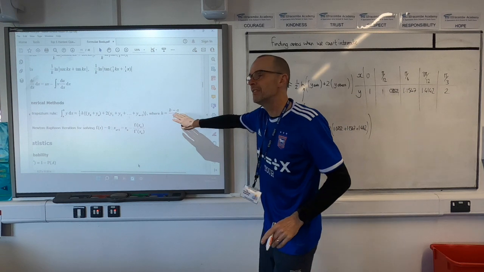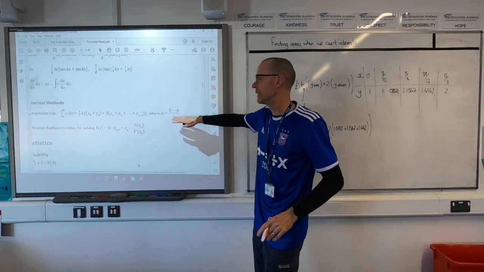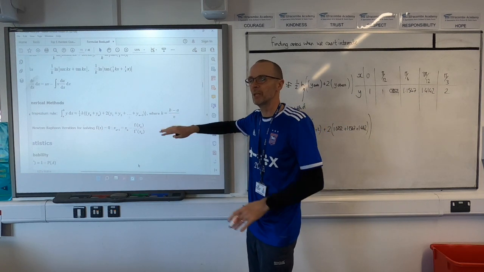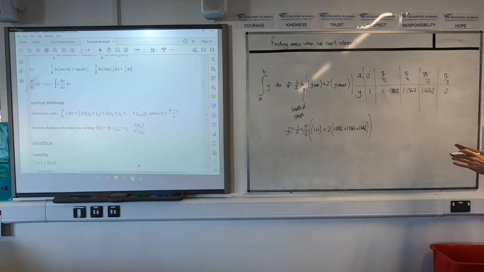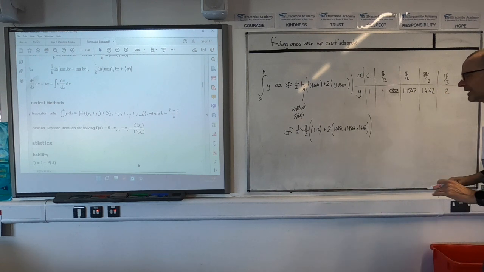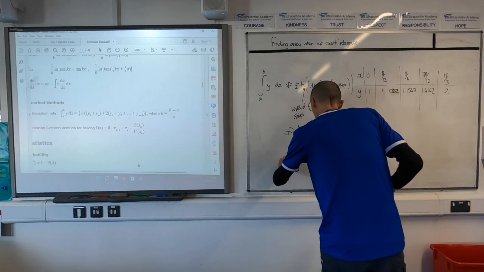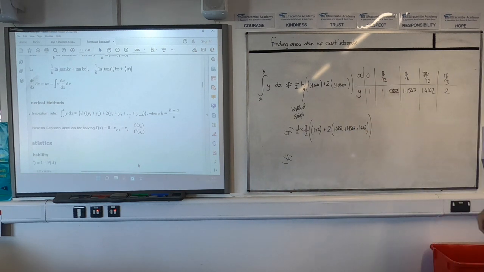And that's just a nonsense way of working out how wide the strips are, but you know how wide the strips are, it's common sense. So I think it's a scary formula, but it's not complicated, if you can remember that, it's nice and easy. So go on, just type that in. The calculator will do it all for you.